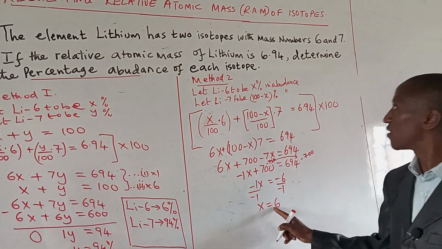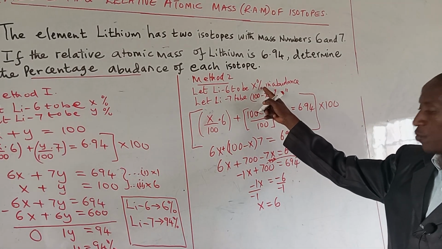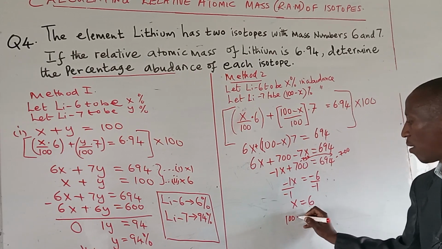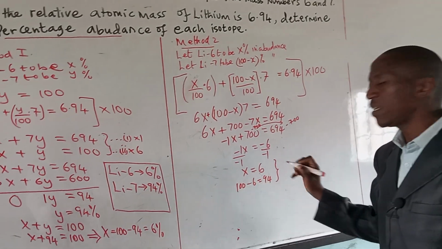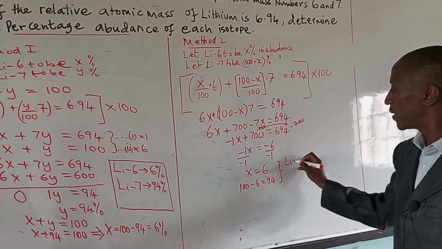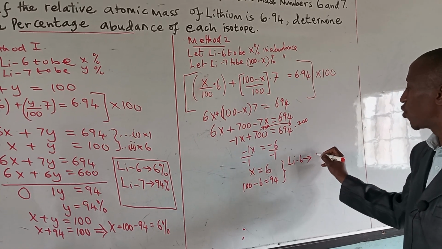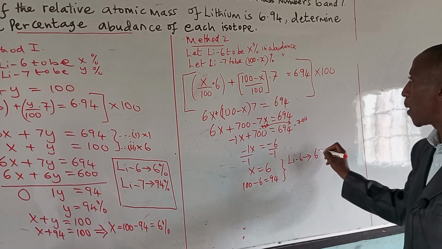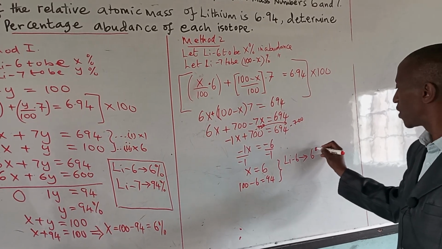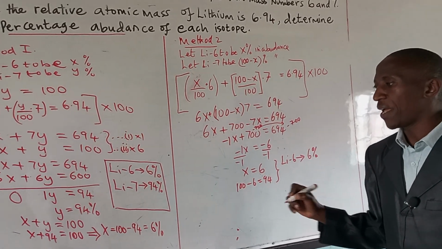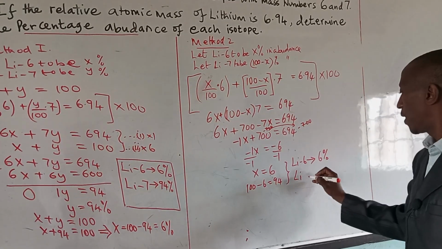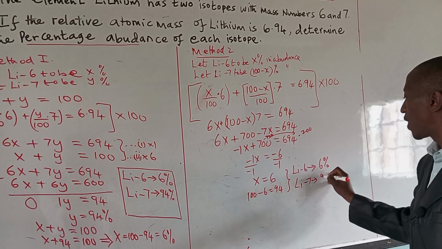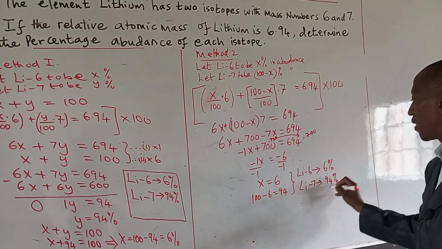The moment we get x is equal to 6, we now are able to get that 100 minus 6 is equal to 94. And that means lithium 6 occurs to the tune of 6%, which is the value of x, and lithium 7, which we had given here, occurs to the tune of 94%.